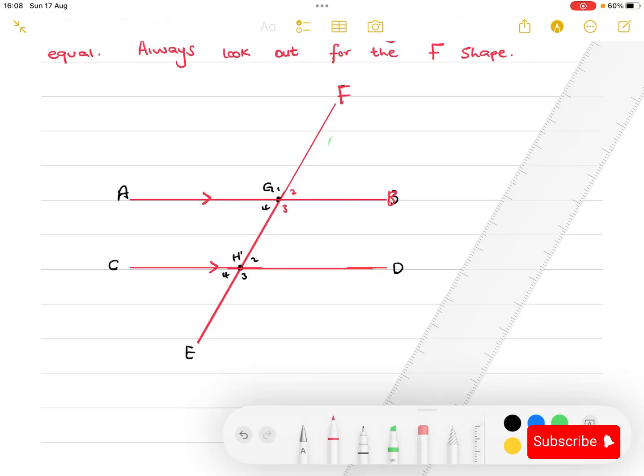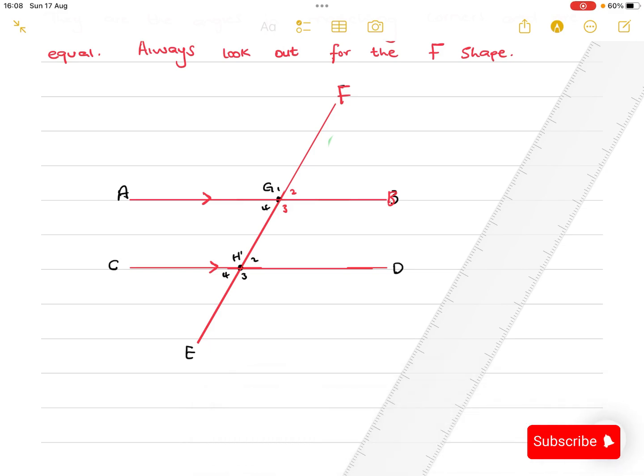We want to look at lines that are corresponding. So we said we want to look at an F shape. So follow me when trying to draw this F shape.